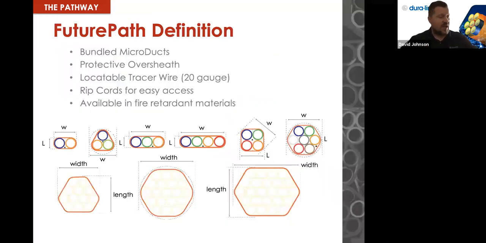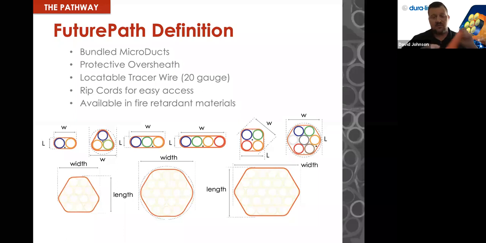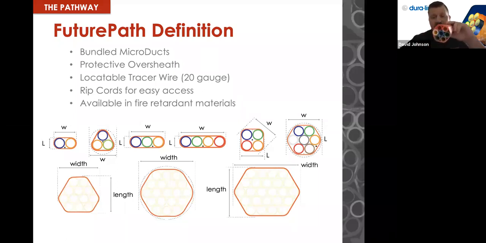Next definition we have here is FuturePath. So when you see bundled microducts, whether that's, as you can see on this screen here, a 2-way, a 3-way, we have 4 ways and 7 ways. This product, FuturePath, is bundled microducts. So when you have one or more microducts in an oversheath, we call that FuturePath.